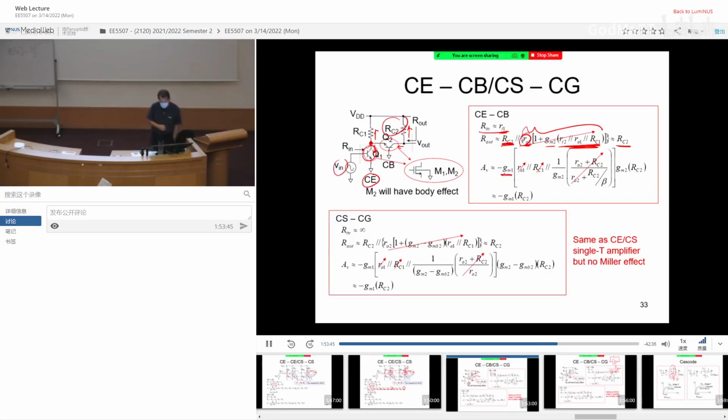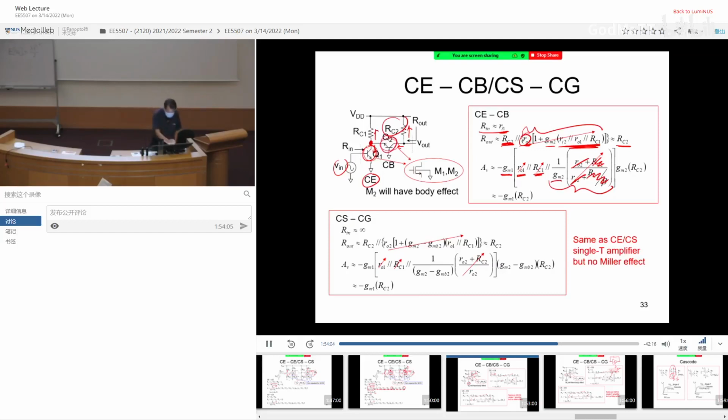So you have GM1, and then you multiply by the 360 degree resistance over here. There is RC1 parallel with RO1, parallel with looking into the emitter terminal. This you can simplify because RC2 usually is very small, RO2 cancels, and you get 1 over GM2.